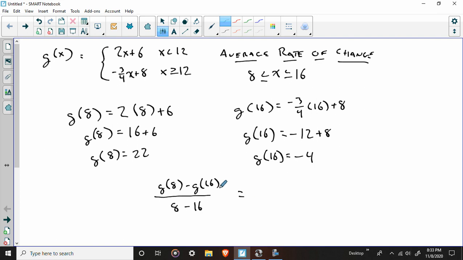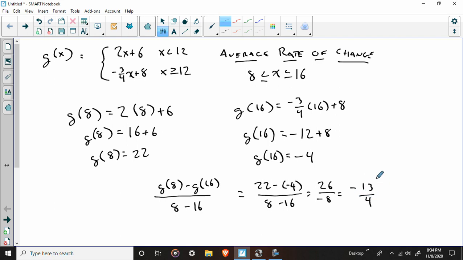So g of 8 we know is 22. g of 16 is negative 4, so minus negative 4, watch your double negative there, over 8 minus 16. 22 minus negative 4 is going to be, sorry, it's late at night, 26, right? 26 over 8 minus 16, which is negative 8, and you should probably reduce that to negative 13 over 4.